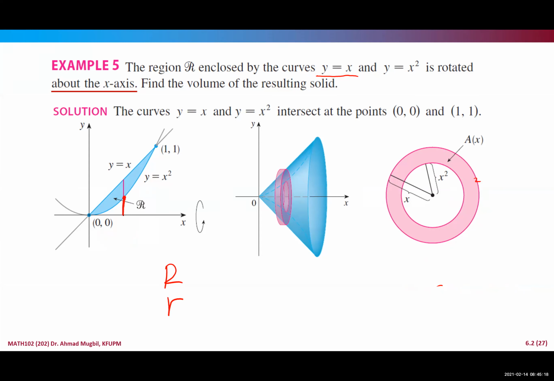What will be the distance from here to here? This will be a vertical line. So what is the length of this line? What is y here? y here is 0. And what is y here? It is x squared. So it will be x squared minus 0. Am I right? This will give you R small, the inner one. Here it is, the inner one.